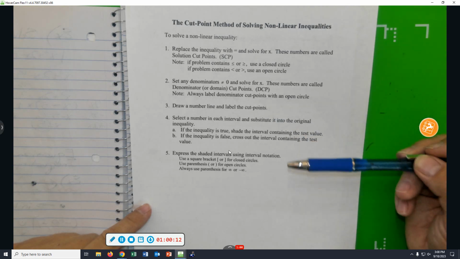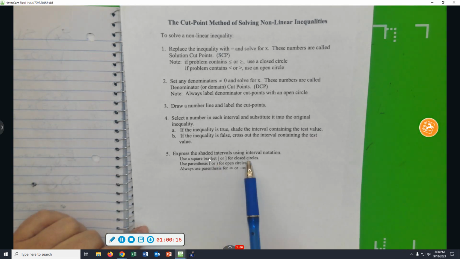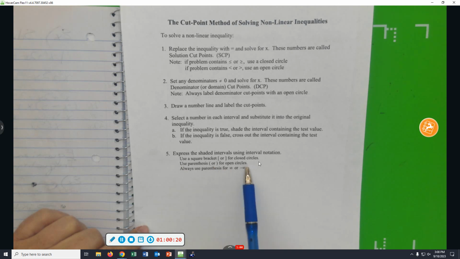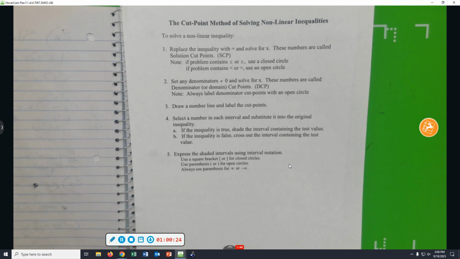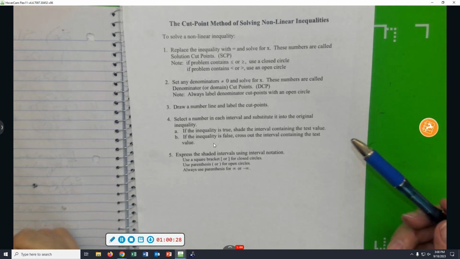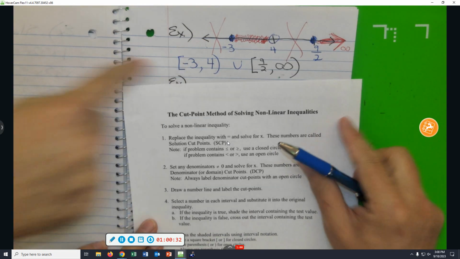What I wanted to look at was here's step 5. Use a square bracket for closed circles. Use parentheses for open circles. Always use parentheses for infinities or negative infinities. So if you do steps 1, 2, 3, 4 correctly, you're going to have a number line like this.